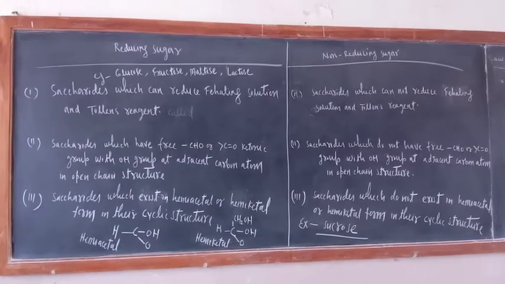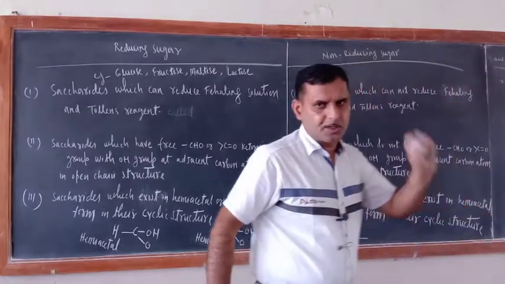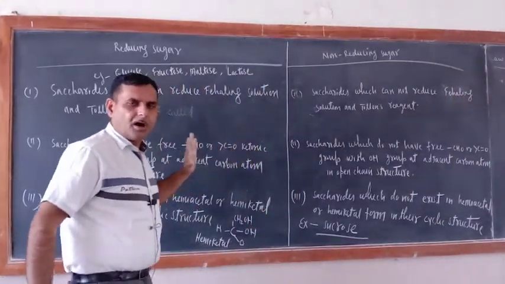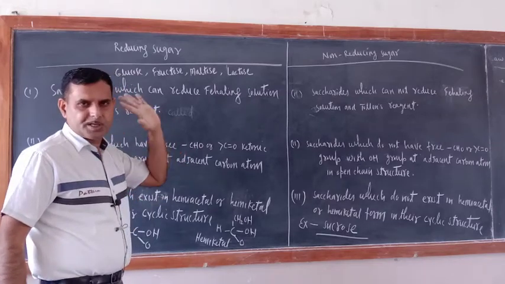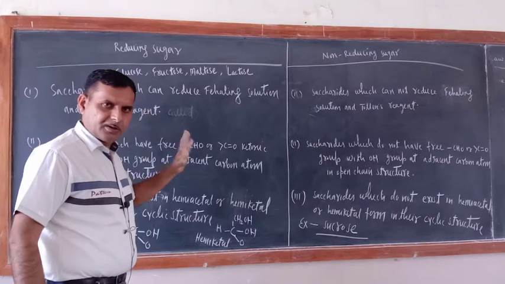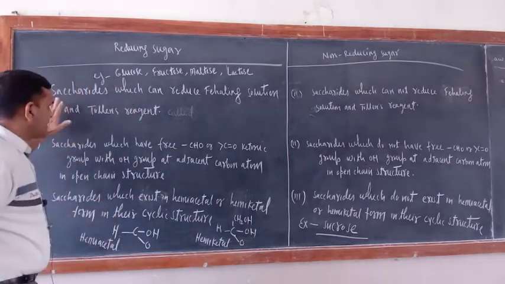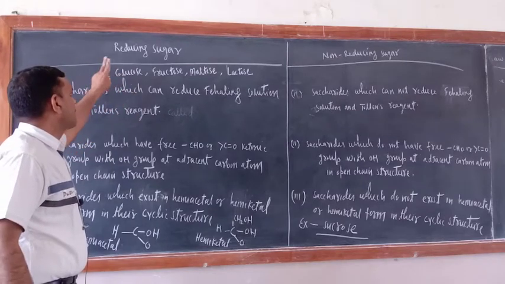Okay, dear cadets, there is one more concept, that is reducing sugar and non-reducing sugar. Okay, so just see, in all the monosaccharides and disaccharides, what you have got? 2 types of structure you have got, open chain structure and cyclic structure. Correct or not? Just see. So very simple thing is there, first see the example.